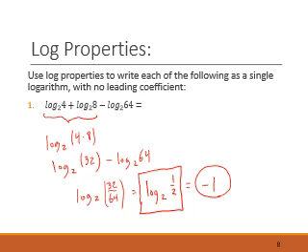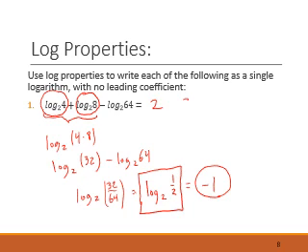Because what if we went back to the original problem and just evaluated each of the logarithms? What is log base 2 of 4? This is asking 2 to what power is 4? Well, 2 to the second power is 4. How about this next logarithm? Log base 2 of 8 is asking you 2 to what power is 8?